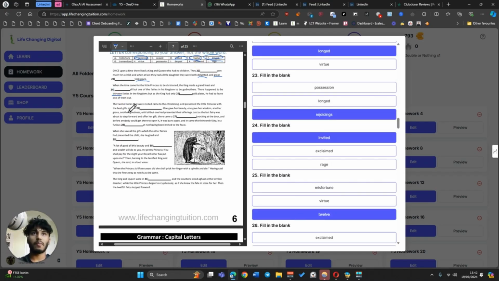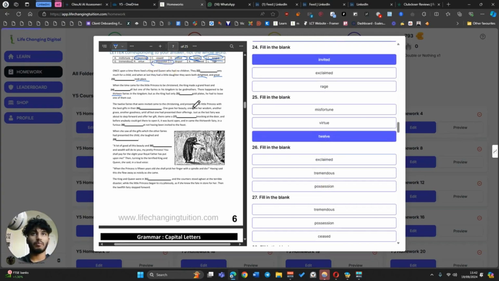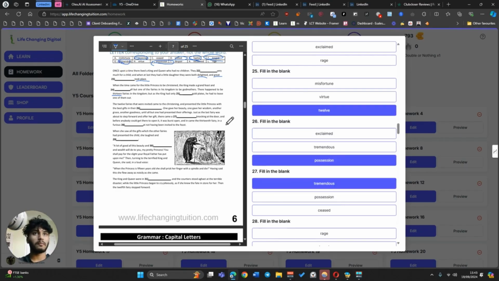And then we've got the little princess, so these guys presenting them with the best gifts in their possession. Seems to work well there. So gifts that they actually owned. One gave her beauty, one gave her wisdom, etc, etc. Just as the last fairy was about to step forward, there came a something knocking at the door, so probably loud knocking at the door, so I'm thinking tremendous knocking at the door.